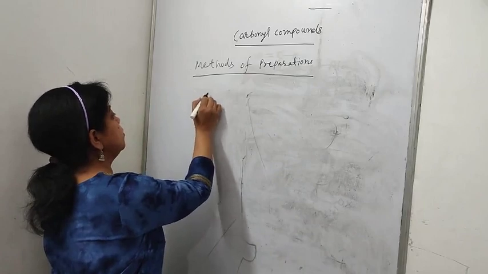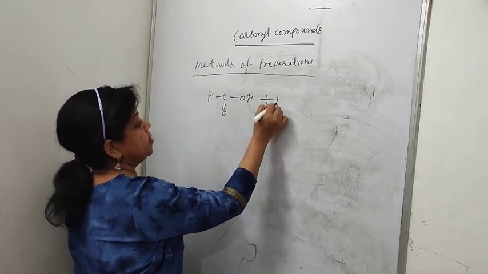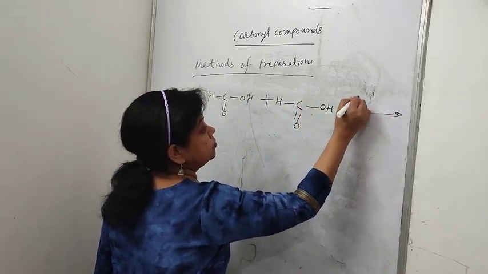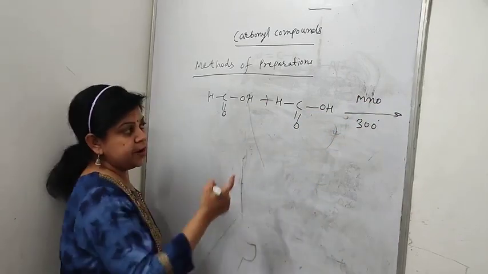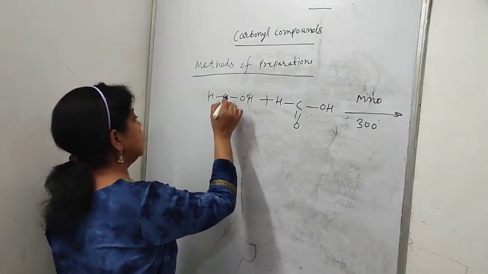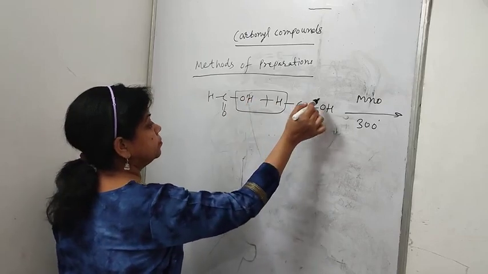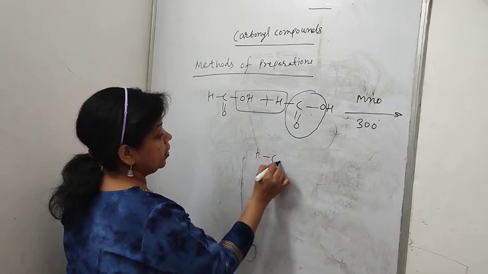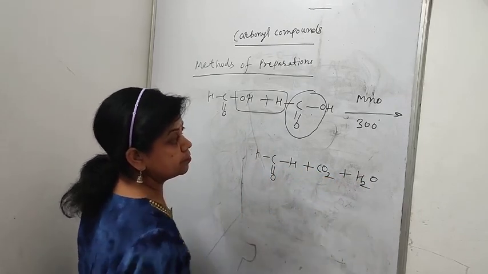When we use fatty acid formic acid, by catalytic decomposition of this fatty acid, you will be able to get HCHO, formaldehyde, CO2 plus water.